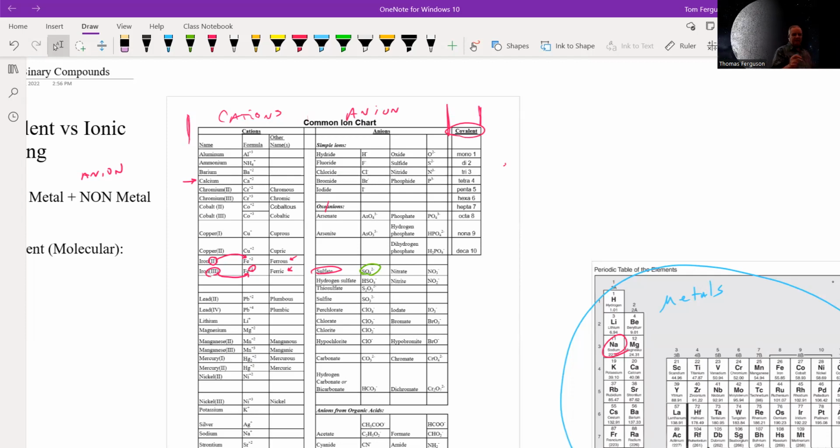So keep that in mind. If you can't find something on this chart, look on your periodic table. The periodic table will always be your friend. Okay, let's do a few more examples, then I'm going to start our dry lab.